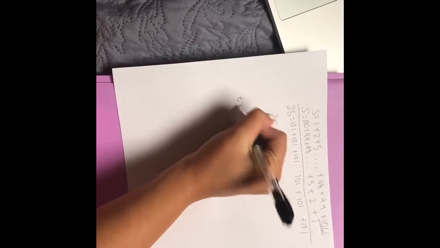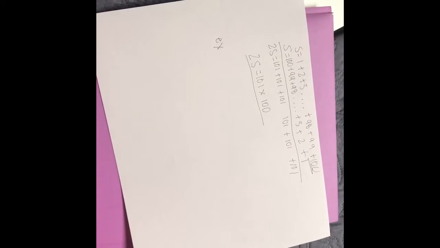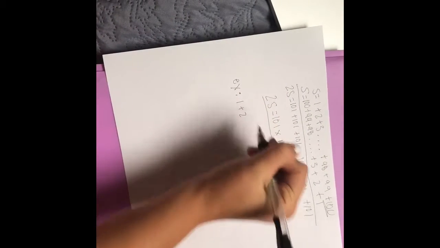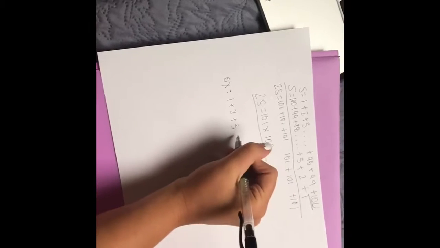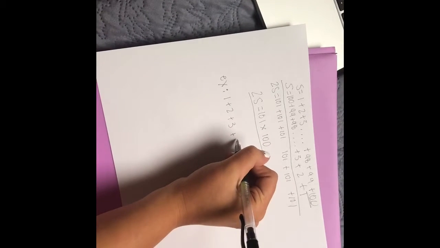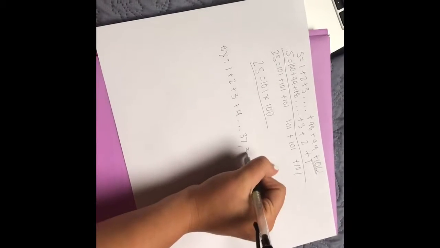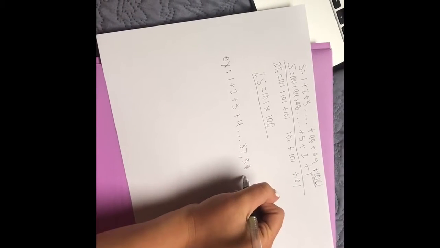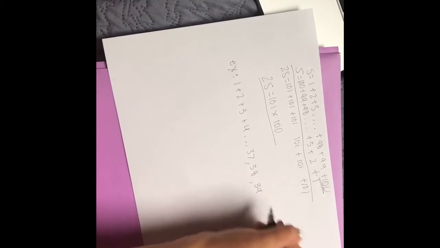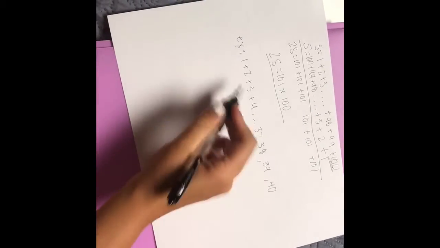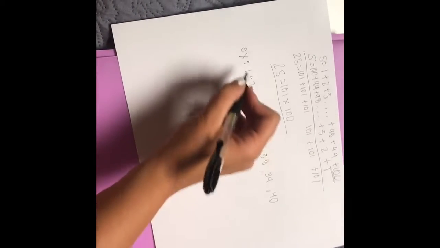Let's say we are asked to find the sum of the whole numbers from 1 to 40. We can actually use Gauss's sum to find this. Obviously you could count up and keep going, but that's going to take a long time. To save us that effort, we write out the numbers up to 40. Just like Gauss, we take the last term and the first term and add those together, and we get 41.